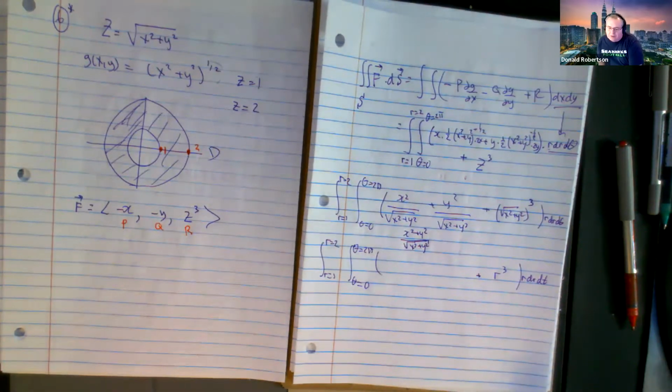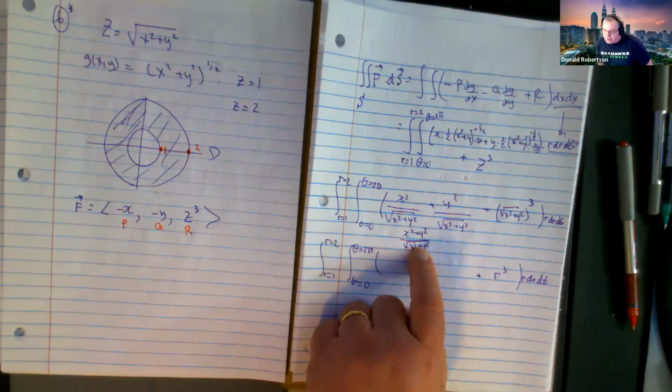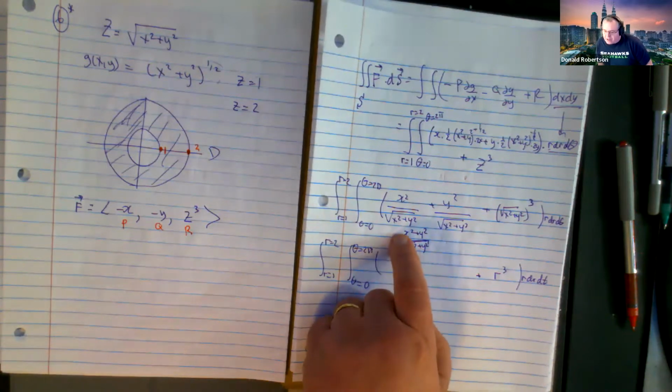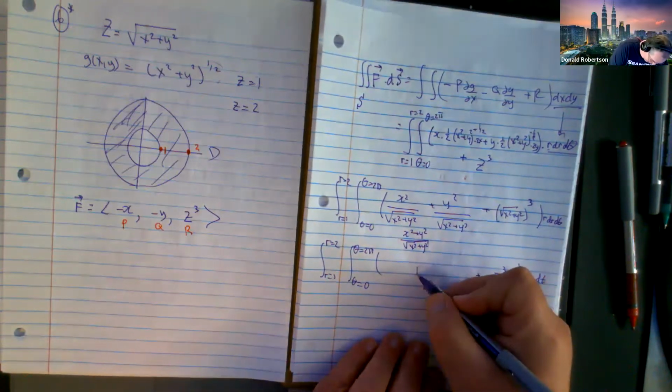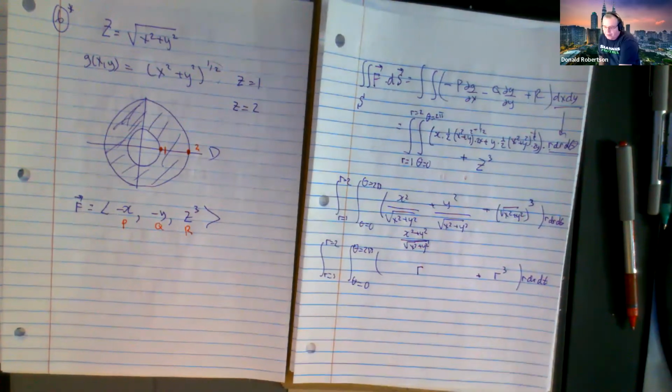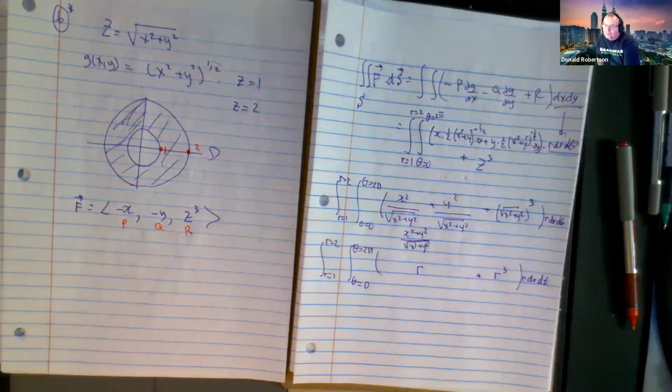What does that simplify down to? Well, x squared plus y squared on the top and the square root of the same thing on the bottom, isn't that just the square root of x squared plus y squared, which isn't that just r? Are you happy about that? Ends up being r. Or if you like, r squared over r, which becomes r. That makes more sense to me. Are we good with that?